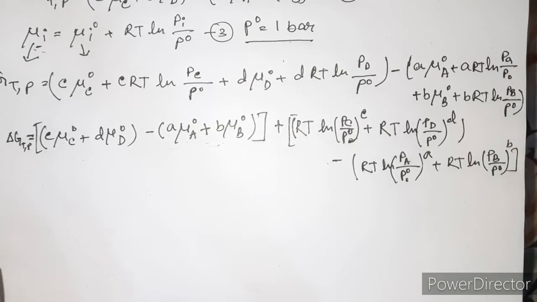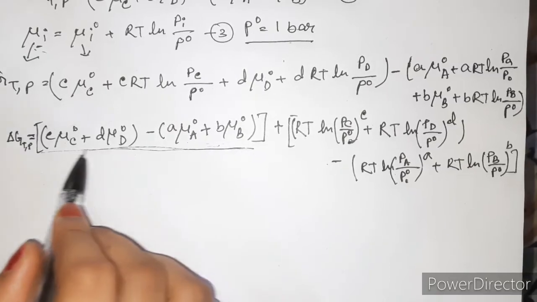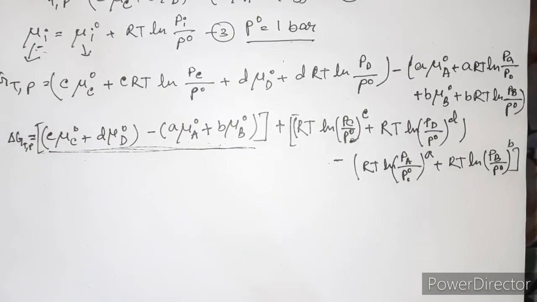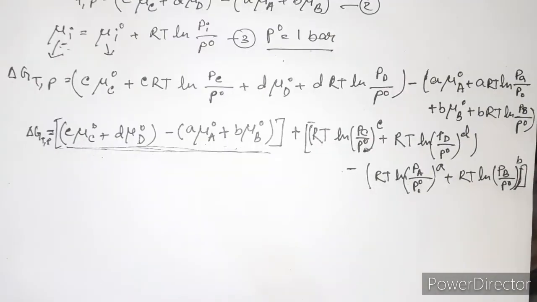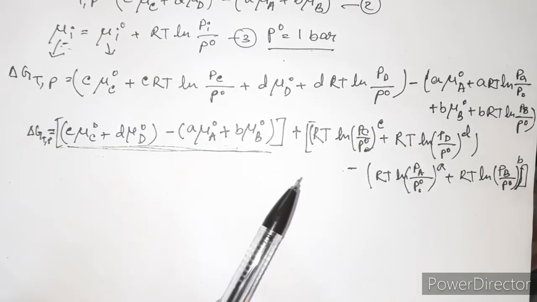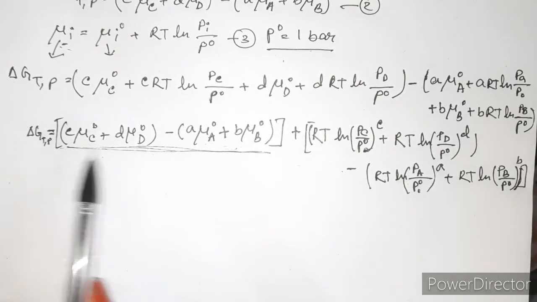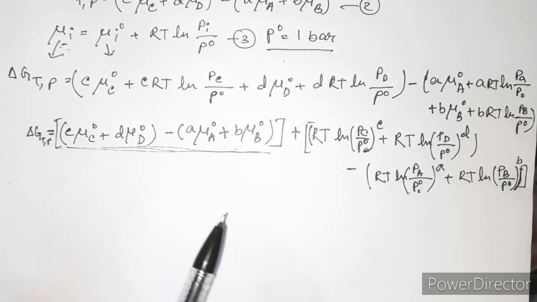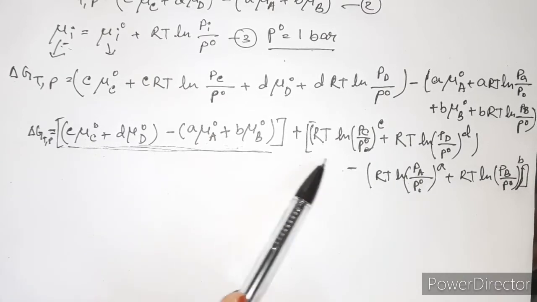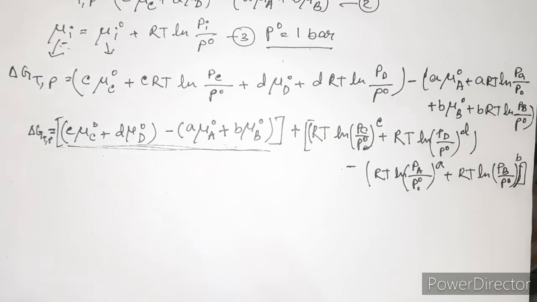So the first part is equal to del G 0, and the second part is coming when the component is not in pure form, that is, when it is in the reaction mixture. That is why this second part is coming.